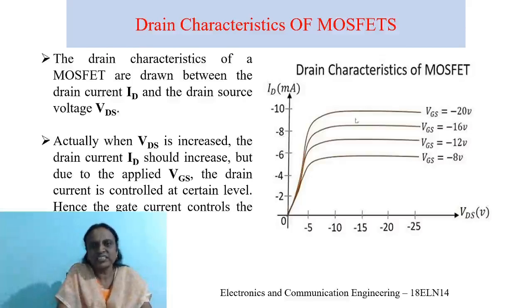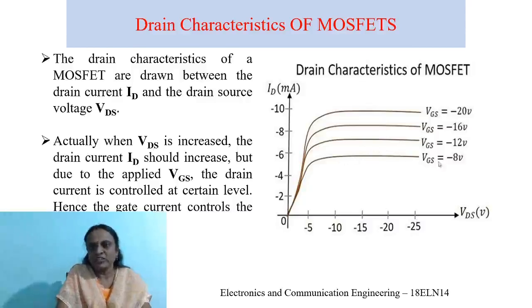So this represents the drain characteristics of MOSFET, where as and when VDS is increased, the drain current increases, but when the gate to source voltage VGS is applied, the drain current becomes constant, or we can say it is controlled.